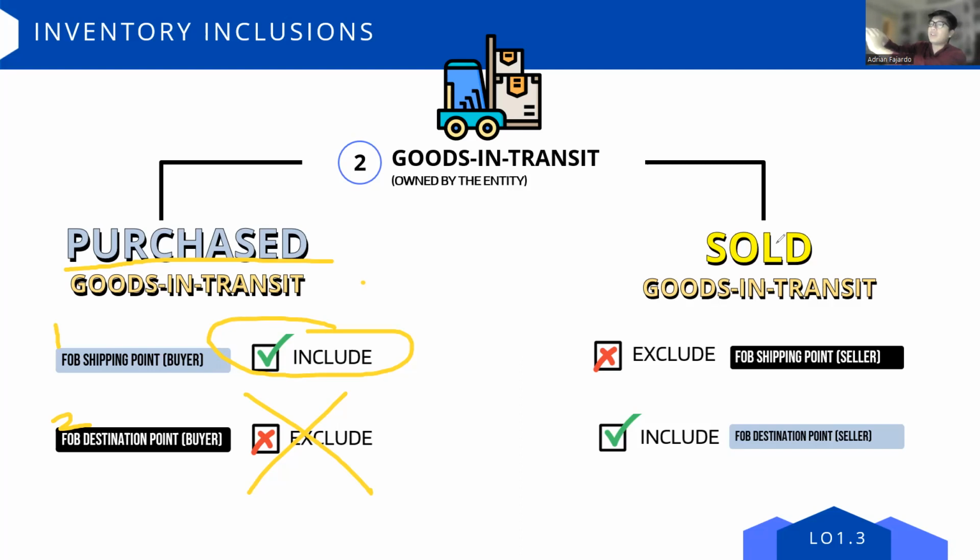So, that's not part of our inventory. However, pag destination point, so exclude tayo pag shipping point under sold. Pag destination point, tayo nagbayad ng freight. From that point on, all the way until it's in transit, it's still our inventory, right?